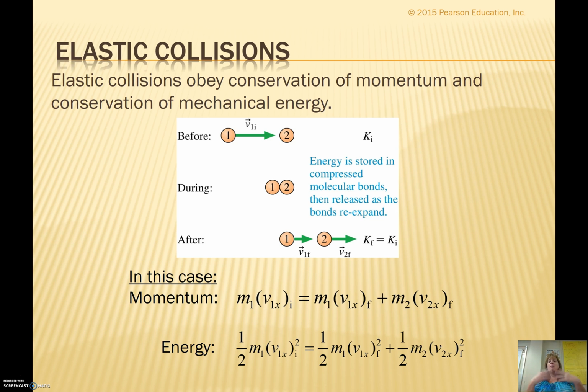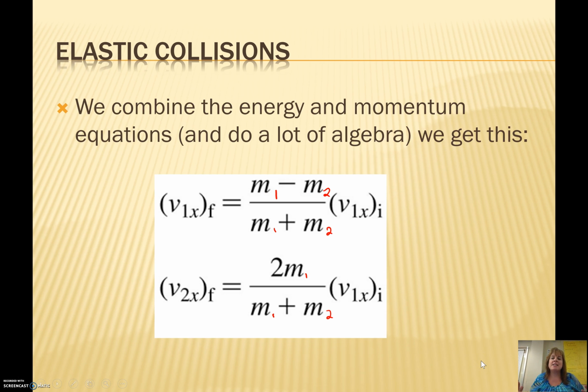So I can come up with ways to solve for both velocities, even though I only know one. So for our elastic collision, if we combine the energy and momentum equations together, and solve for the final velocity of the first object, the one that was moving initially, and the final velocity of the second object, which was at rest initially, we can come up with these equations.